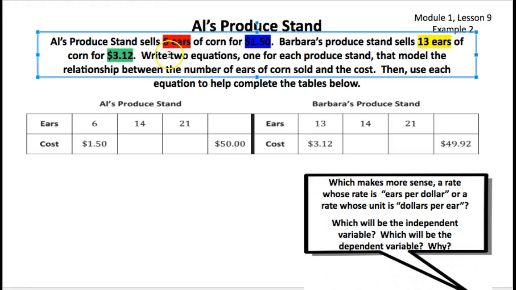So we're looking for 2 equations, one for each produce stand, that model the relationship between the number of ears of corn sold and the cost.